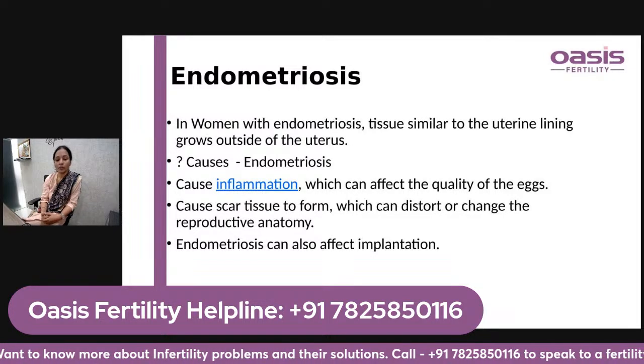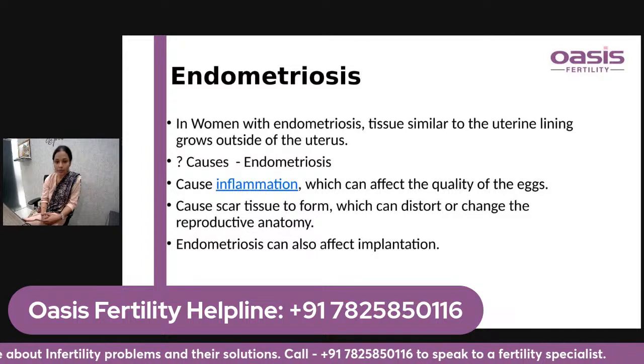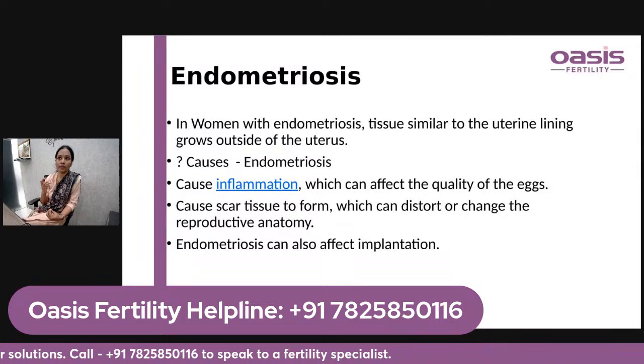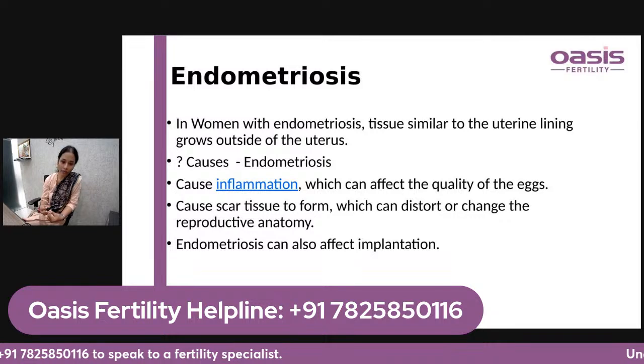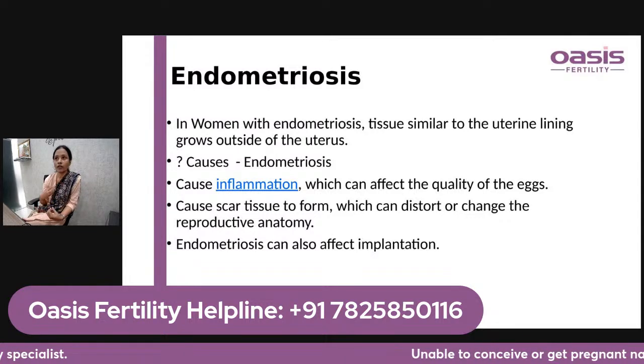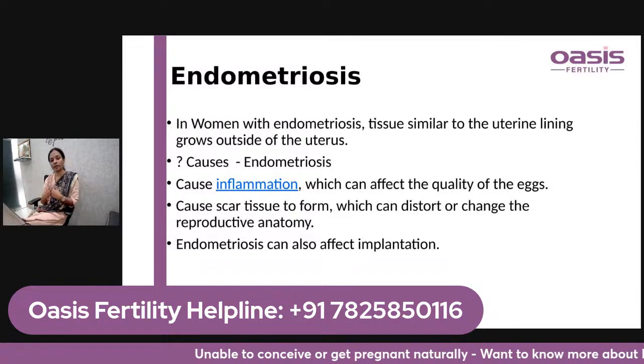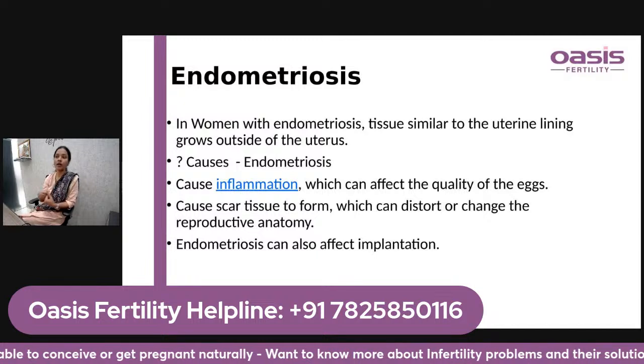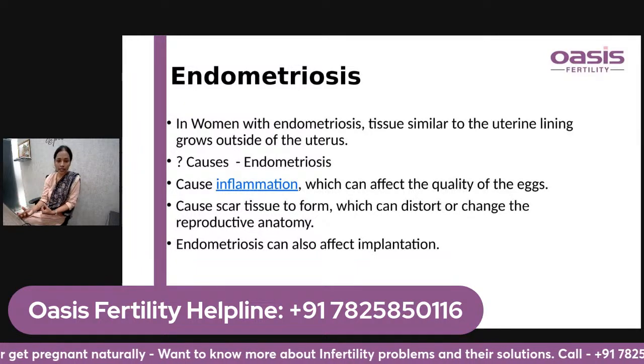Another major and common problem that we see if a woman comes with secondary infertility is also endometriosis. Endometriosis is a gynecological condition. It is a progressive disease. The woman may have been in a very early endometriotic stage when she attempted her first pregnancy, and subsequently the disease will progress if it is not controlled by medical management or proper follow-up and treatment, and the woman is trying to achieve a second pregnancy.